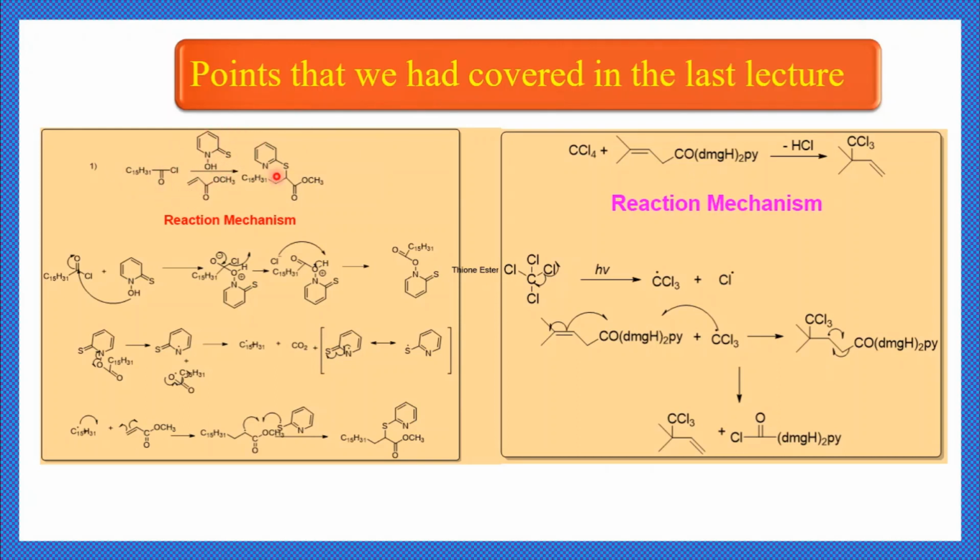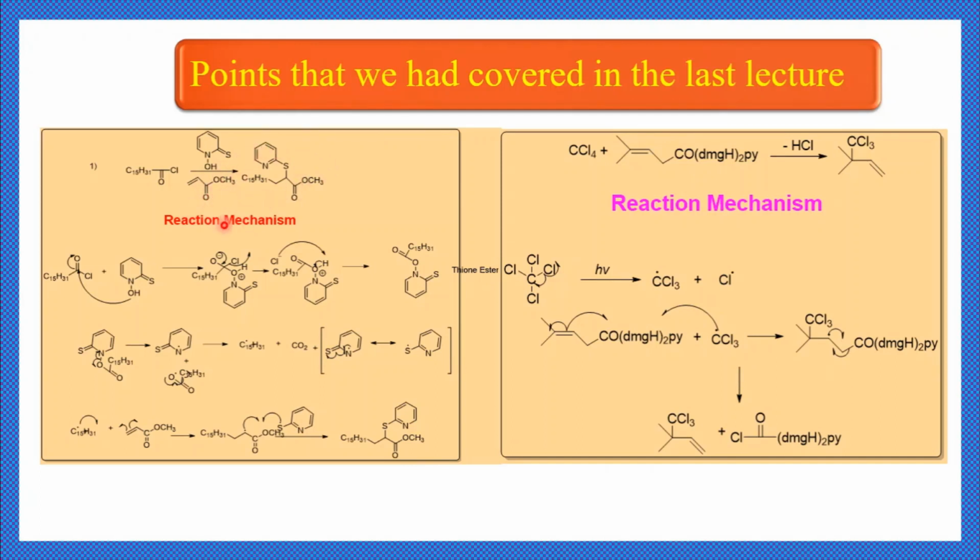In the last lecture we took this example: C15H31 reacts with N-hydroxypyridine-2-thione, and these two compounds react with this alpha beta unsaturated ester, and you will get this product.